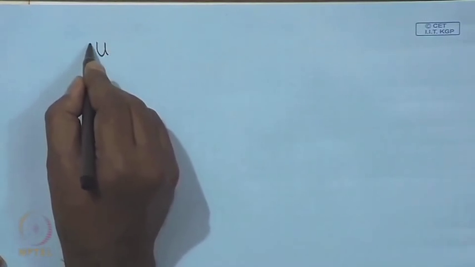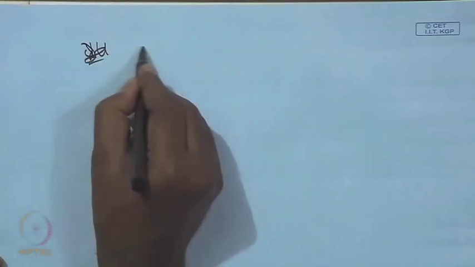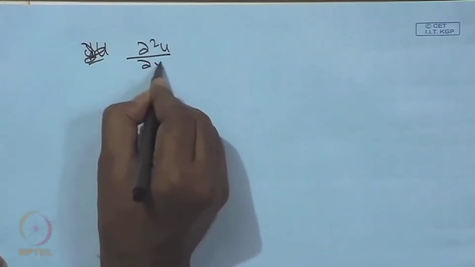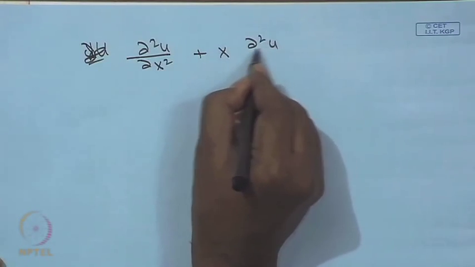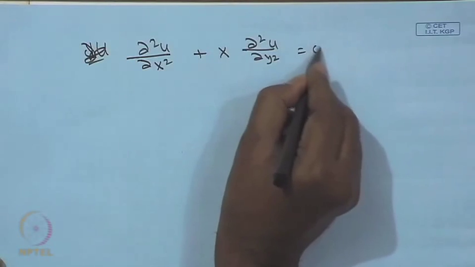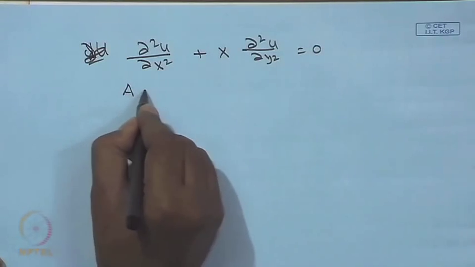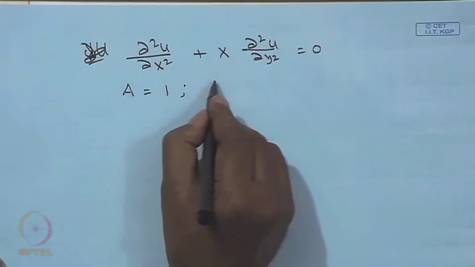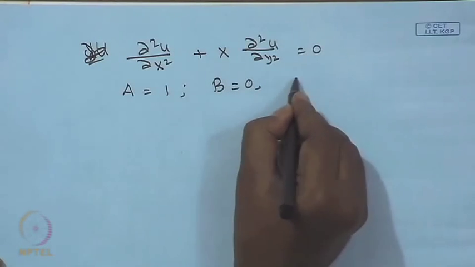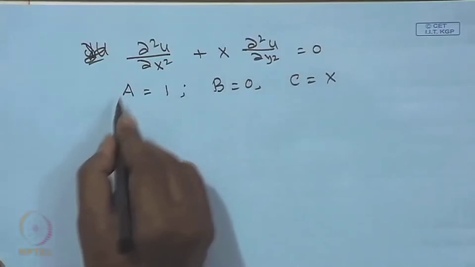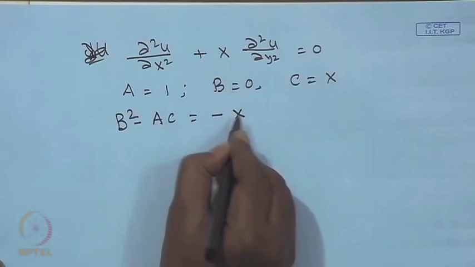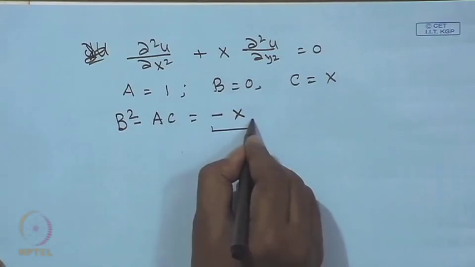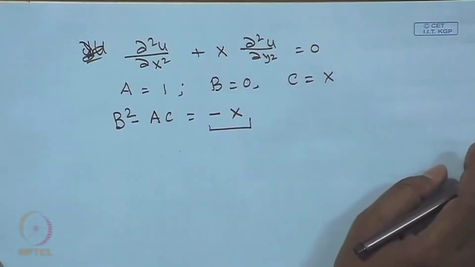Just consider a problem like del square u del x square plus x del square u del y square is equal to 0. In this case, a is equal to 1, b is equal to 0, but c is equal to x. So, if you compute b square minus ac, it is equal to minus x. Now, depending on the value of x, the partial differential equation will be classified.